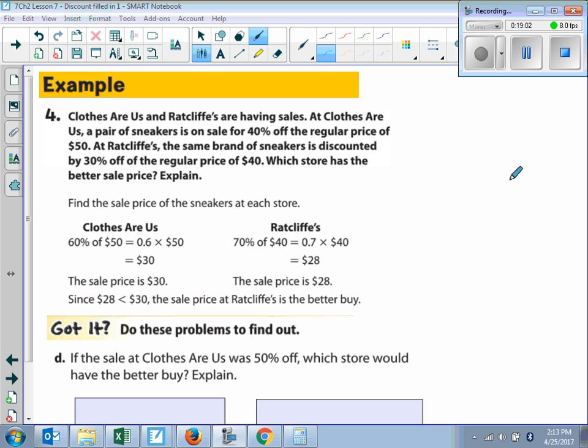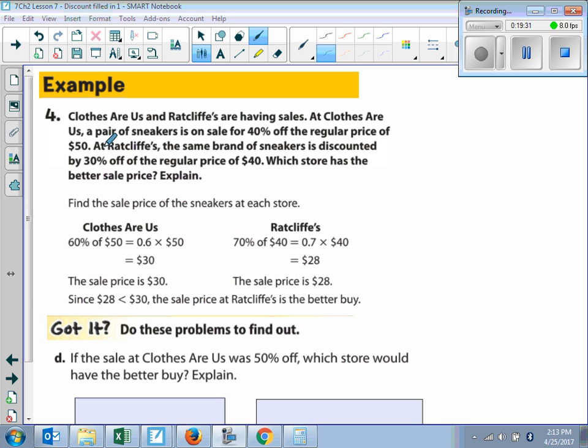So, for this, you're just going to find out what number is, let's see, at Clothes R Us, it's 40% off, so what percent are they paying for it? 60%, right? So what number is 60% of 50? That's going to be at Clothes R Us.